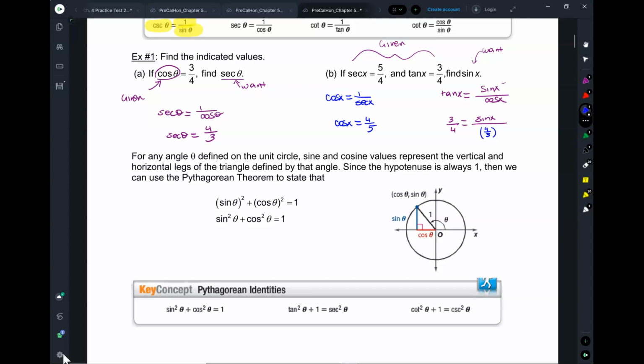So you see how this is sine of x divided by something? You multiply both sides by the something. So I multiply both sides by 4 over 5. Okay? Because now 4 over 5 altogether cancels with this. So sine of x is 3 over 5.